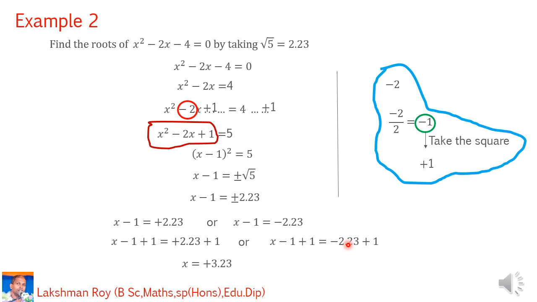Negative 2.23, positive 1. One is negative, one is positive, different sign. Subtract 1 from 2.23, then it becomes 1.23, but the greater number is negative. These are the two roots, right? So that has decimal roots.